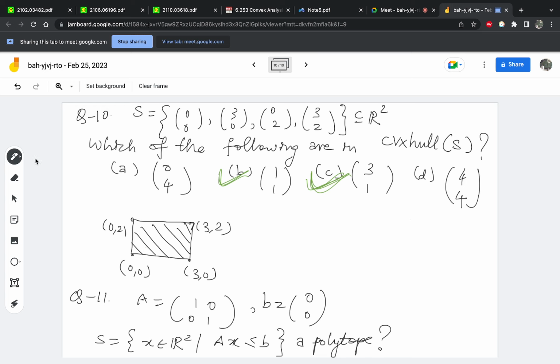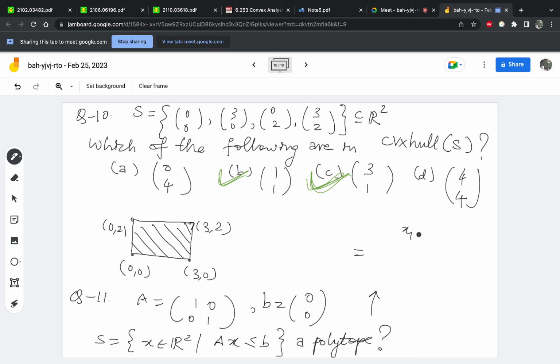So what do you people think? This is false, right? Why do you say that? Because I just drew the equations here, which are represented by this set. So x1 is less than or equal to 0.